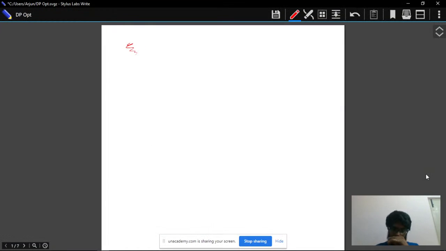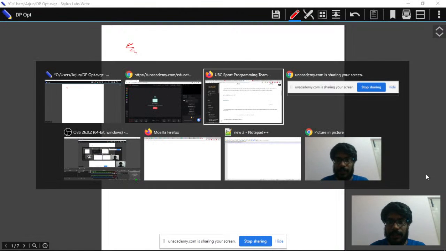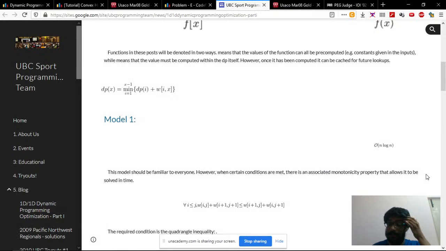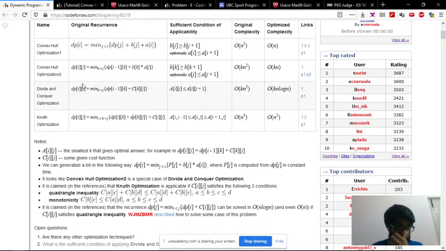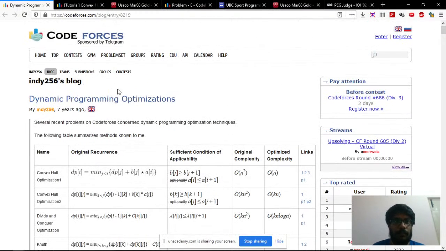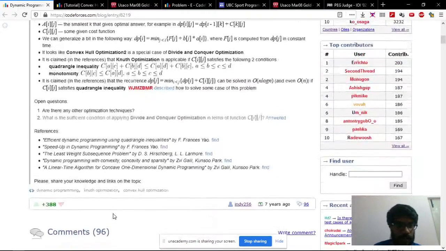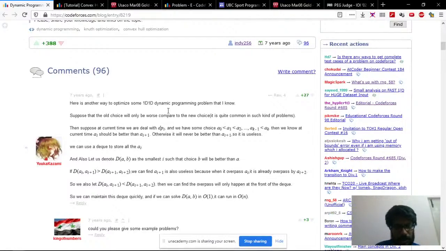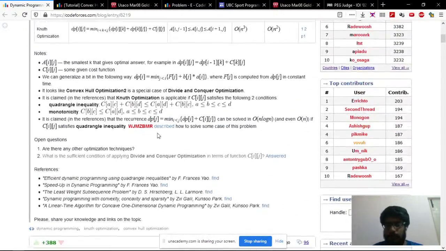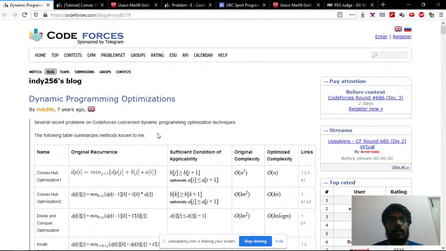Okay, so I should probably start off by saying that there are a ton of very good resources available online for DP optimizations. The one single holy grail is this blog on CF, A219, called DP optimizations. It covers CHT, divide and conquer, Knuth, and 1D is mentioned here too, though slightly different, but it's pretty much the same thing.